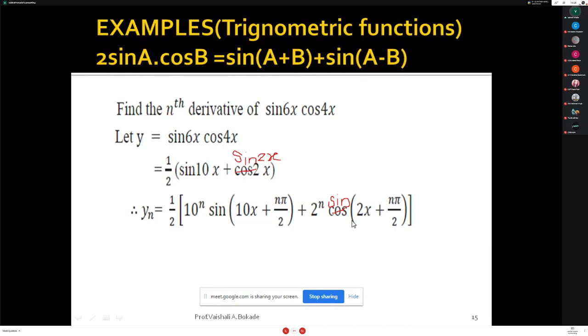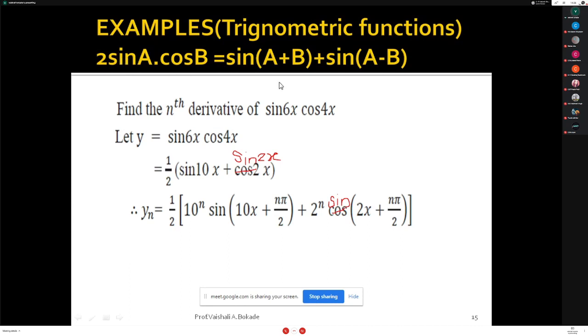I made a printing mistake, that's why I wrote it in red here. I require the nth derivative and my function is not algebraic but in trigonometric form. It is a multiplication of two terms, sine into cos, so let me use this formula 2 sine a into cos b.